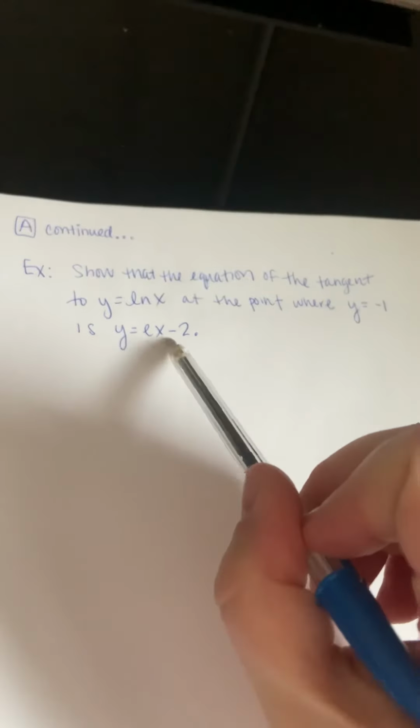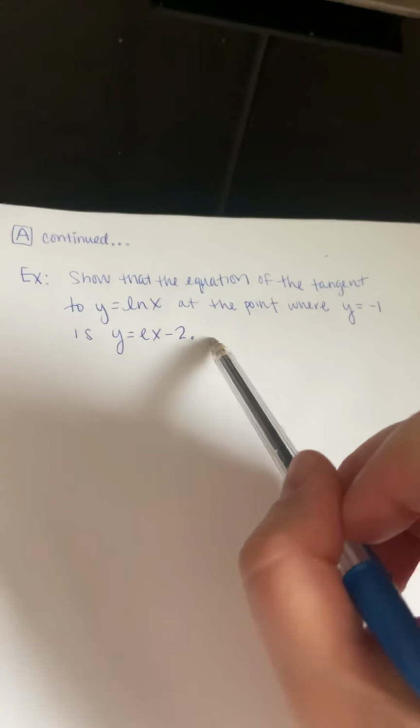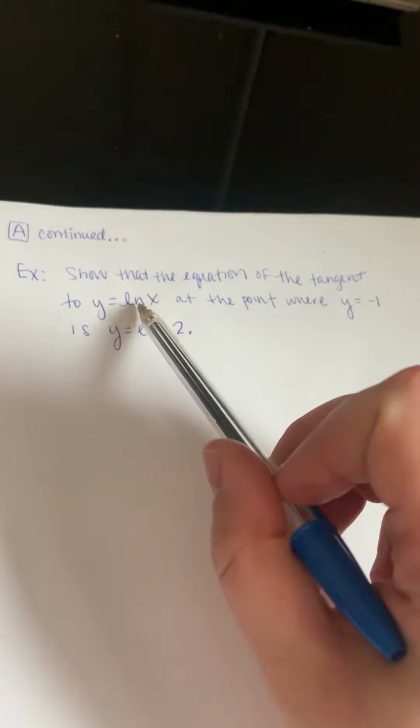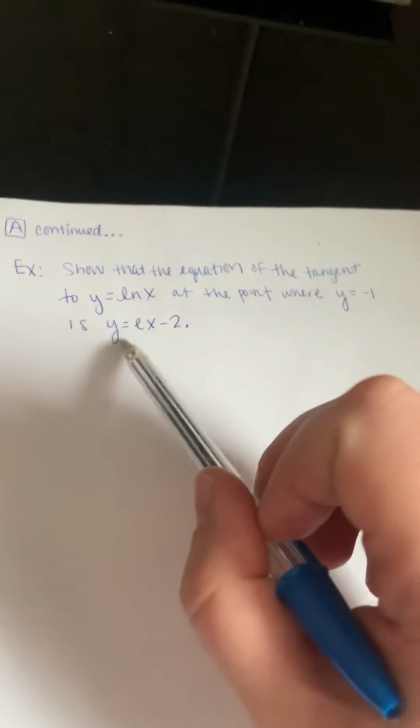So show that the equation, so this is going to be the equation of the tangent. We're trying to prove that the equation of the tangent is y equals ex minus 2 from the graph y equals ln x at the point where y equals -1.